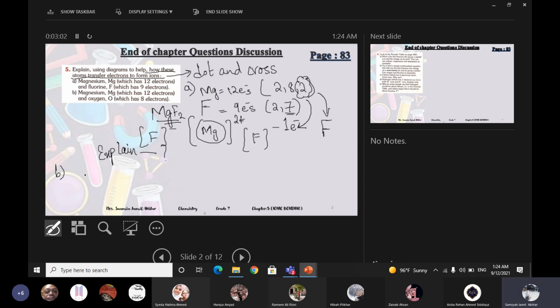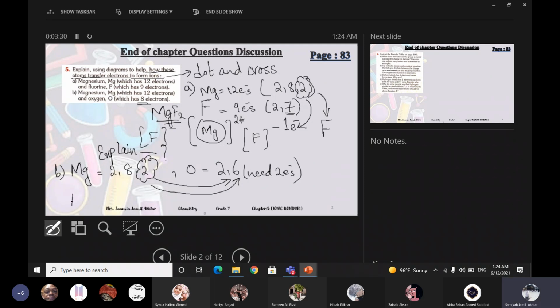In part B, it's about magnesium and oxygen. Magnesium is again 2, 8, 2, and oxygen has 8 electrons, so it will be 2, 6. In the second diagram, magnesium will give 2 electrons, both of them to oxygen, because oxygen needs 2 electrons.